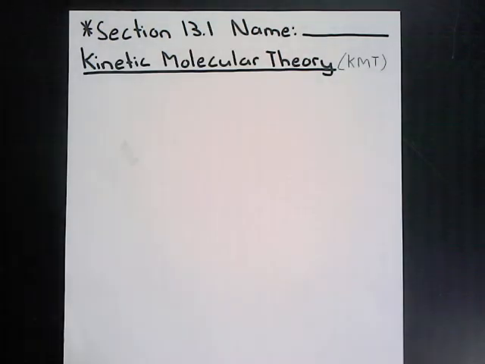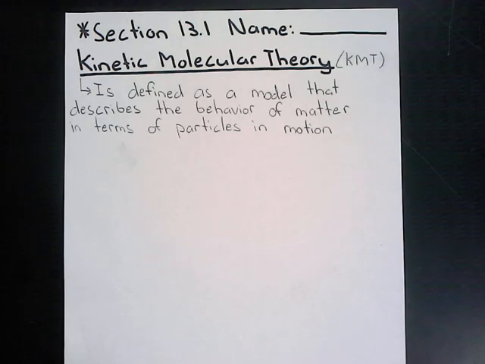Kinetic molecular theory is simply defined as a model that describes the behavior of matter in terms of particles in motion. So the kinetic molecular theory is going to explain the different properties of solids, liquids, and gases.